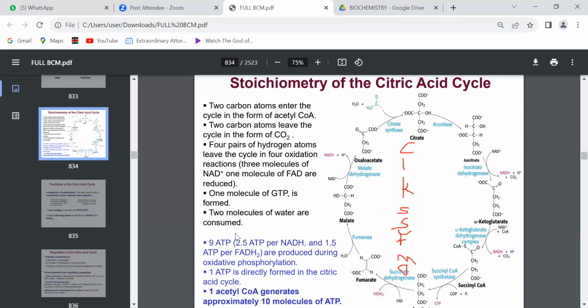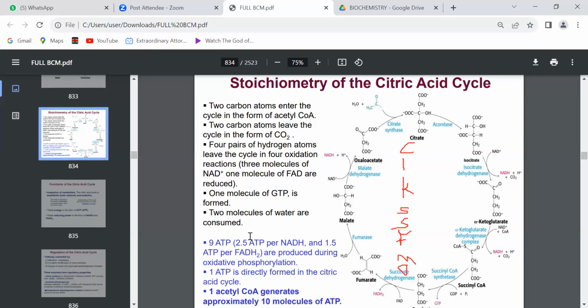Thank you very much. Just before you wind up the meeting, we said the end product of glycolysis was pyruvate, and glycolysis takes place in the cytoplasm. But then you've said TCA happens in the mitochondria.